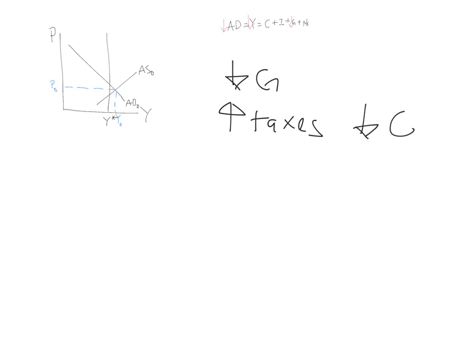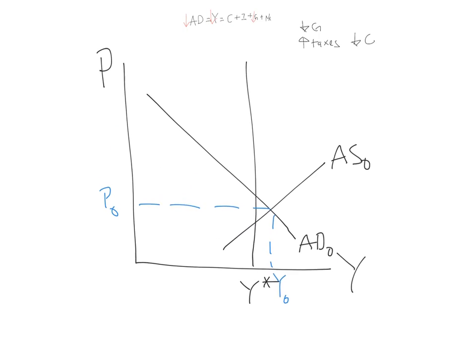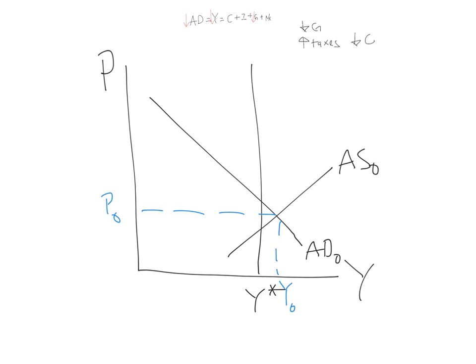So there will be a shift inwards in the aggregate demand curve, which I will need to draw. Yep, there we go. AD1. The economy will go back to its potential GDP, and the price level will fall.